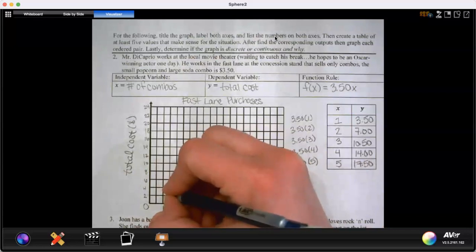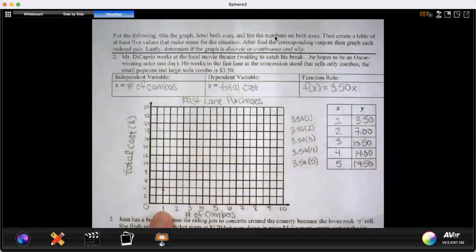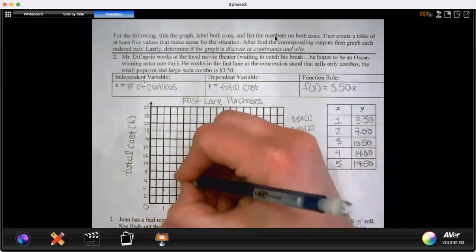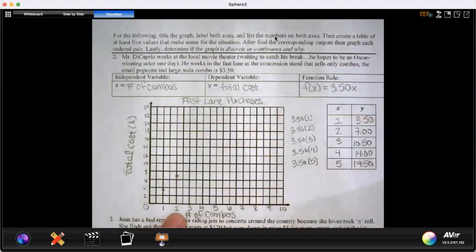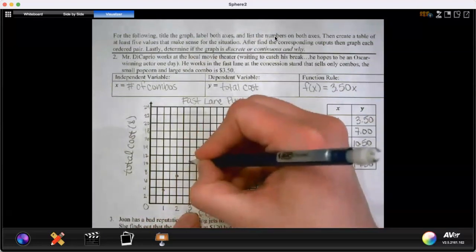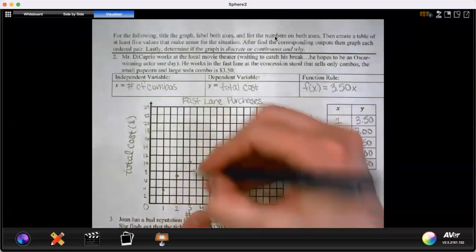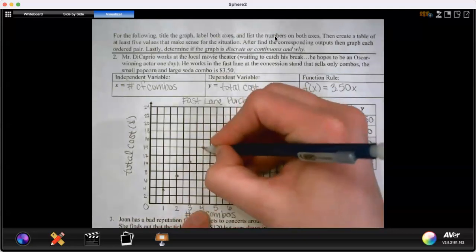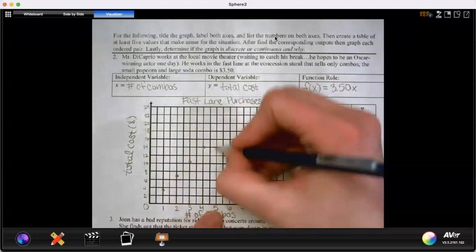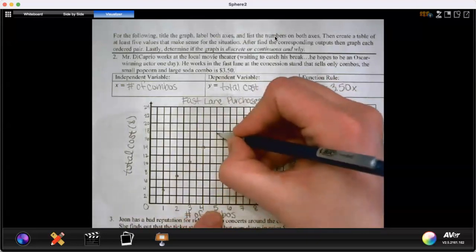It's going to be right about here. Then at 2, we have 7. At 3, we have 10.50. At 4, we have 14. Oh, that one is exactly right on the point. And at 5, we have 17.50.